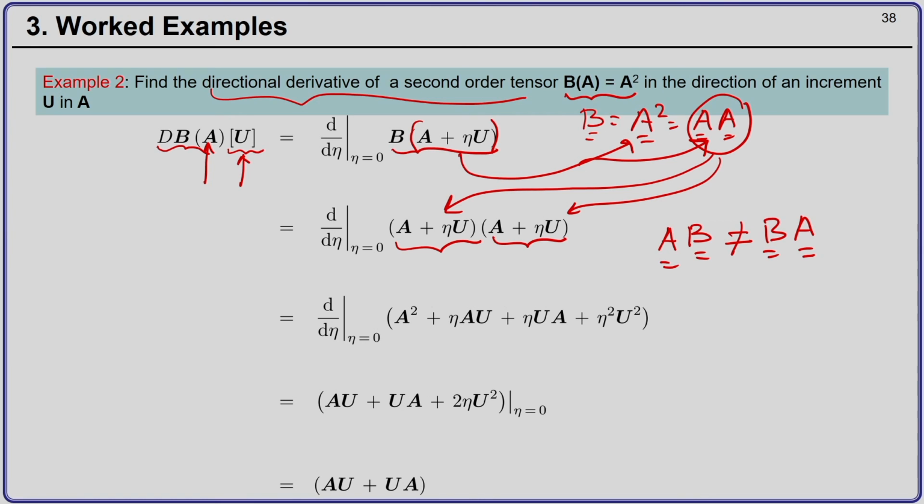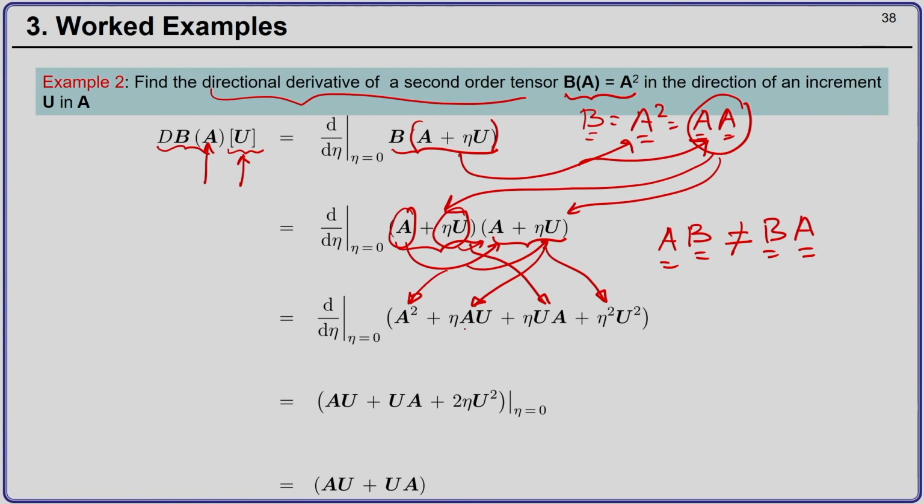So, we have to see here. This is the first term multiplied by these two terms. A into A is A square, then you have A into eta U, which gives you eta into A U. Then the second term, eta into U, multiplied by this first term gives you eta into U A, and then the second term multiplied by the second term of the second expression gives you eta square U square.